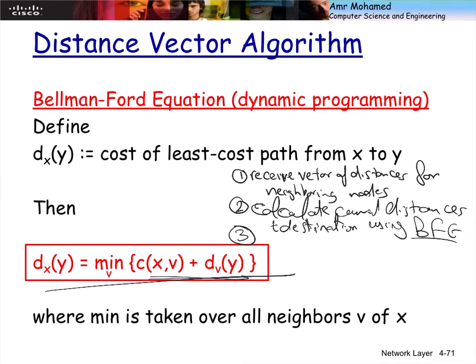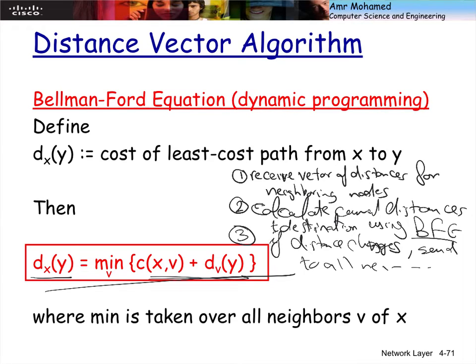Okay? Number 3: if distance changes, then send to all neighboring nodes. Okay? So each node will calculate the distances to the destinations.